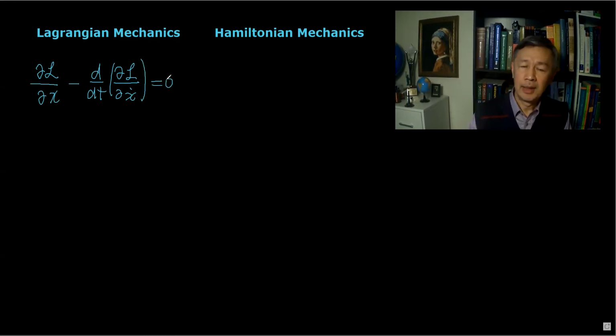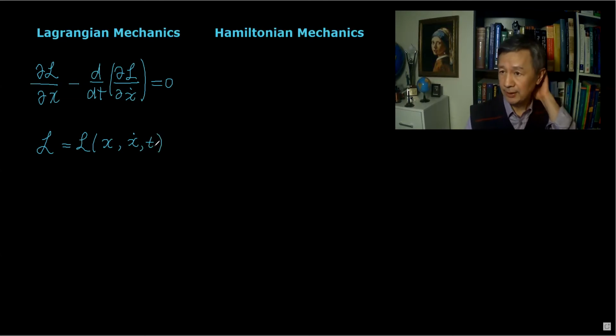Okay, and what is L? L in this equation is called the Lagrangian. So it is in general a function dependent on the coordinate x, the first derivative with respect to time, the velocity, and the time. So by definition, the Lagrangian can be written as a function of three variables.